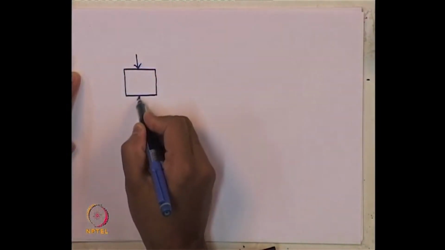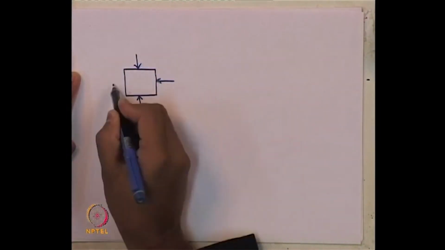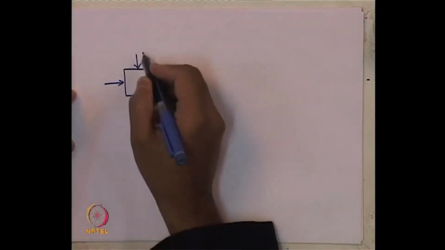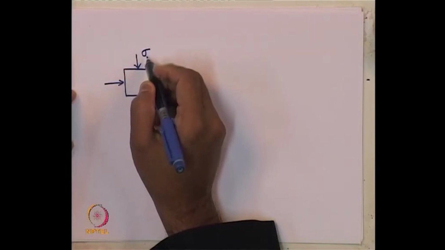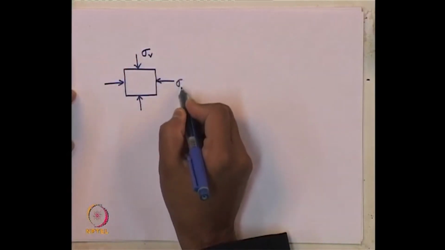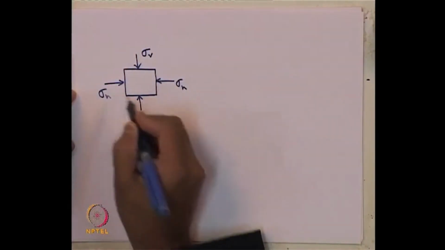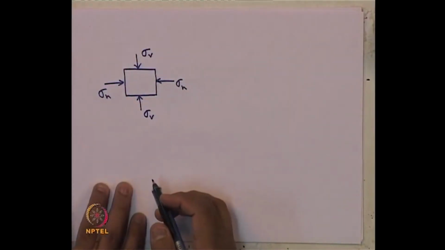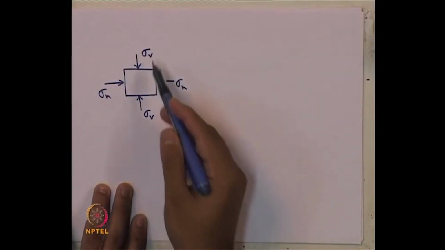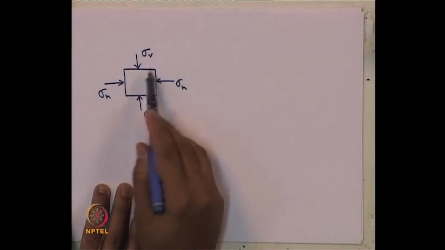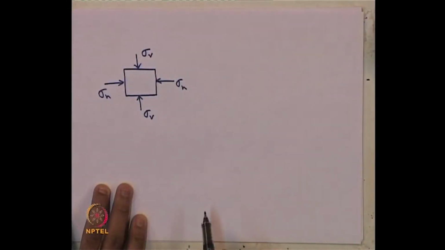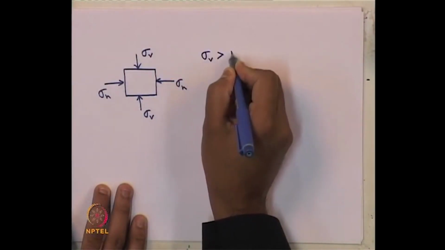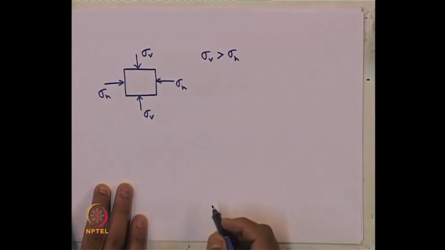So, we know if we take a small soil element in 2 dimension, let us say this is sigma vertical, this is sigma horizontal, and we are considering principal stress condition. So, they are principal stresses, obviously there will not be any shear stress, and let us say sigma v is greater than sigma h.